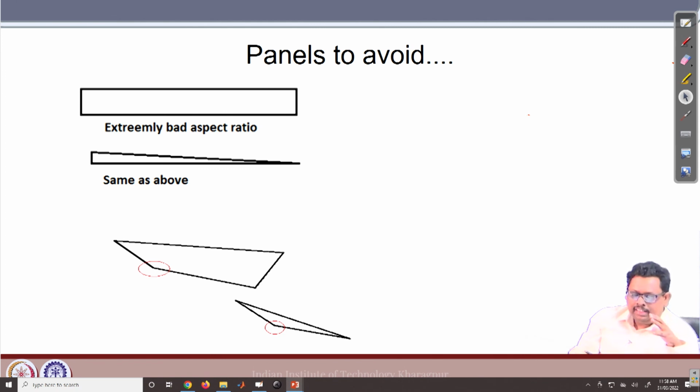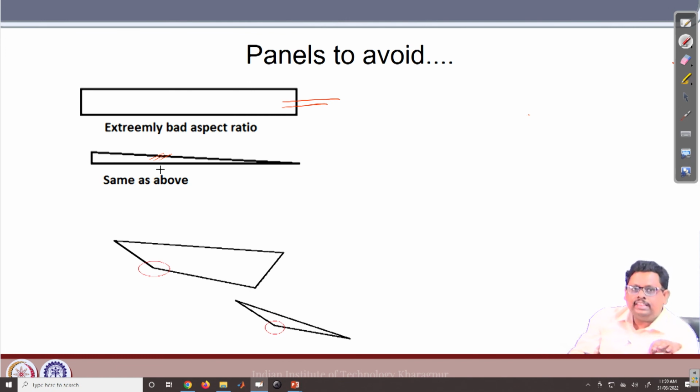Now, in order to get good results, your panel should be moderately good. However, you can see that these panels are not good panels, because for this one, the aspect ratio is too bad, and here also the aspect ratio is too bad.